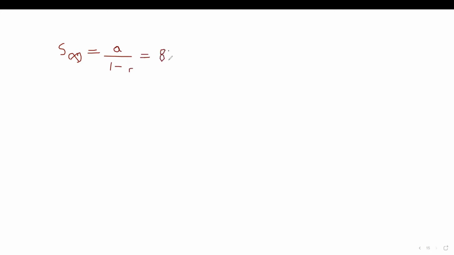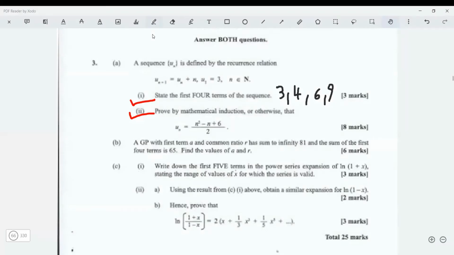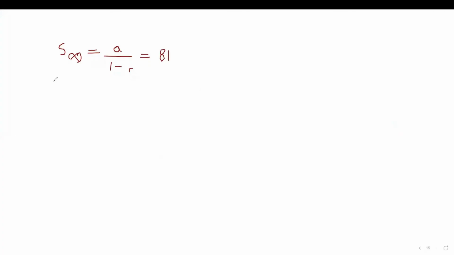Just writing down the information they give you, it already looks like a simultaneous equation. And it says the sum of the first 4 terms is 65.